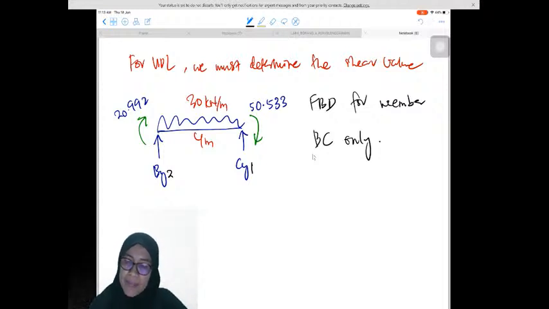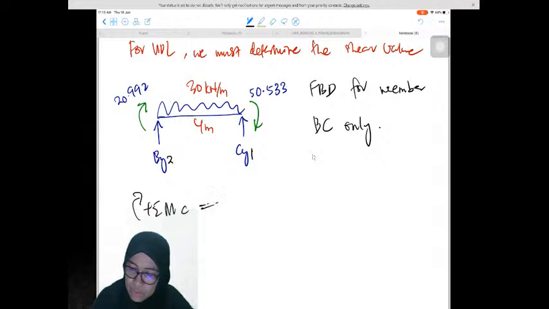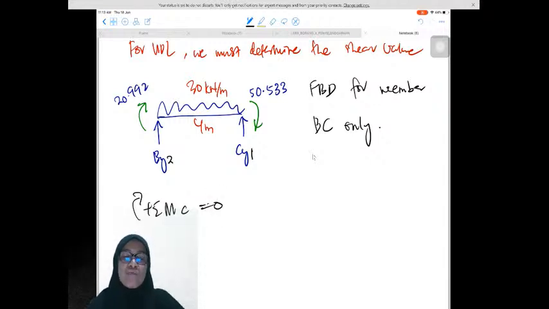With this free body diagram, we analyze using static equilibrium to determine BY2 and CY1. Using static equilibrium, by taking moment at C equal to 0, this is the basic thing everybody in this field must understand.